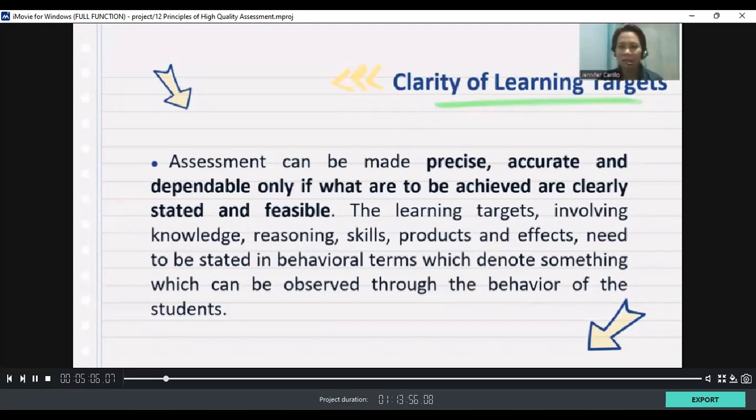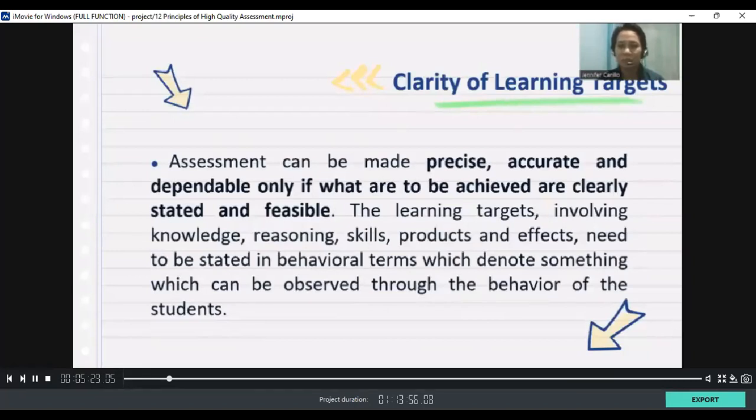So the 3 levels of the cognitive domain should be assessed. And the learning outcomes should be clearly stated following the elements of SMART. Okay, so the learning outcomes should follow the SMART characteristics.